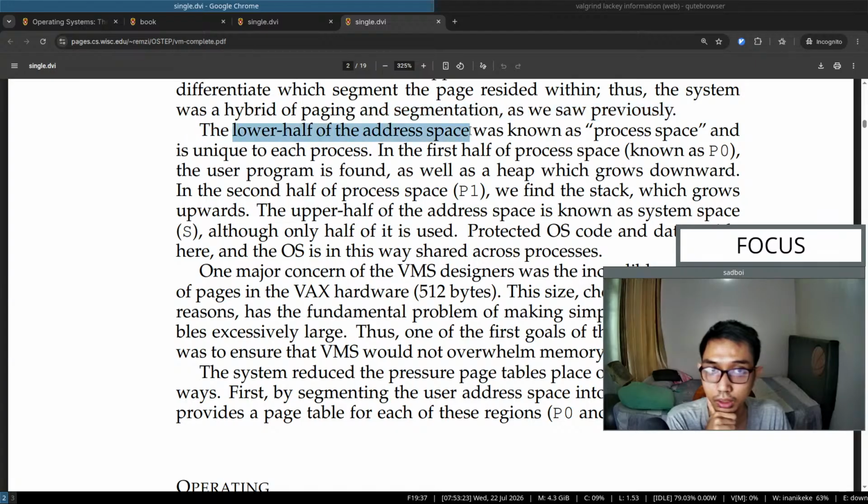In the first half of process space, known as P0, the user program is found, as well as a heap which grows downward.